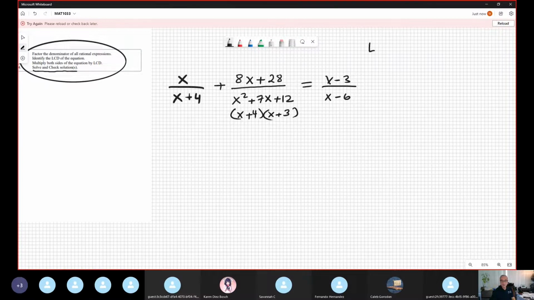Therefore, our LCD is x plus 4, taken one time, x plus 3, and x minus 6. Done. Now the restrictions associated with this LCD are x not equal to negative 4, x not equal to negative 3, and x not equal to positive 6. Any solution equal to these, you eliminate.